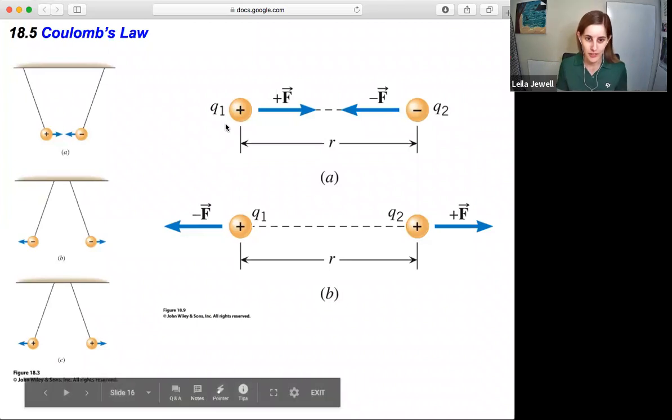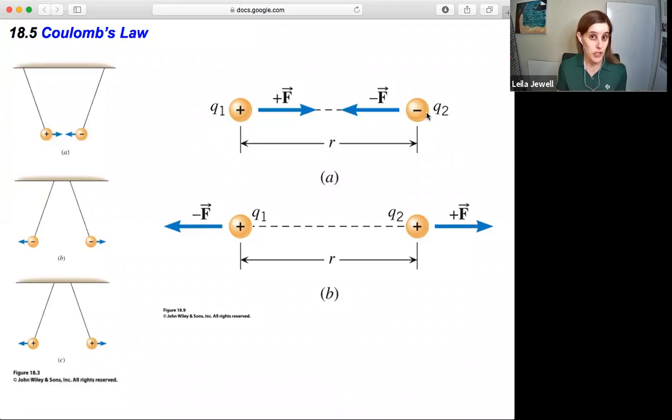So if we have a positive charge Q1 and negative charge Q2, there's an attractive force between them. Each one is drawn to the other, and that force is equal and opposite in direction. Q1 is drawn to the right towards Q2, while Q2 is drawn to the left, which is now the negative direction.